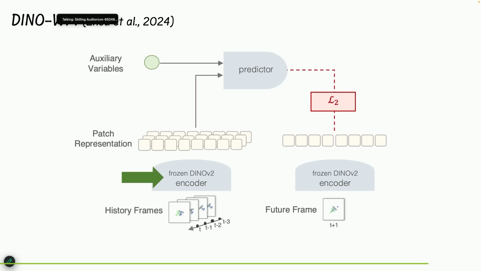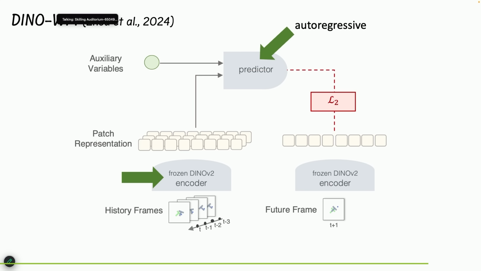They said no, a pre-trained DINO encoder can play that role as well. So they generate patch representations, and with auxiliary variables, for example action and proprioceptive signals, they predict the future state representation, and they compare. And this predictor is just a simple causal transformer, which predicts the future autoregressively.